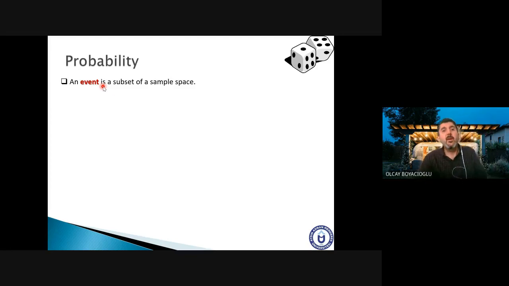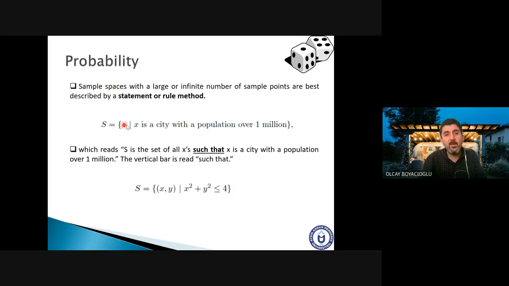Alright. An event is a subset of a sample space. Yani sample space'in içindeki her ihtimalden birisi. For example, if your sample space is this, X such that X is a city with a population over 1 million, for example, Izmir would be an event here, right?